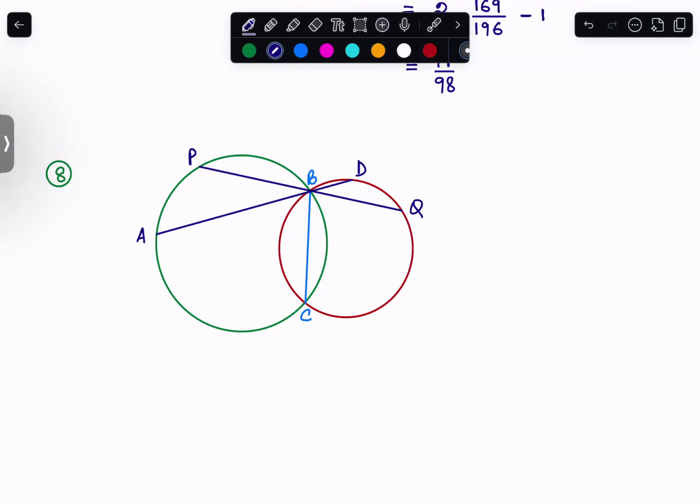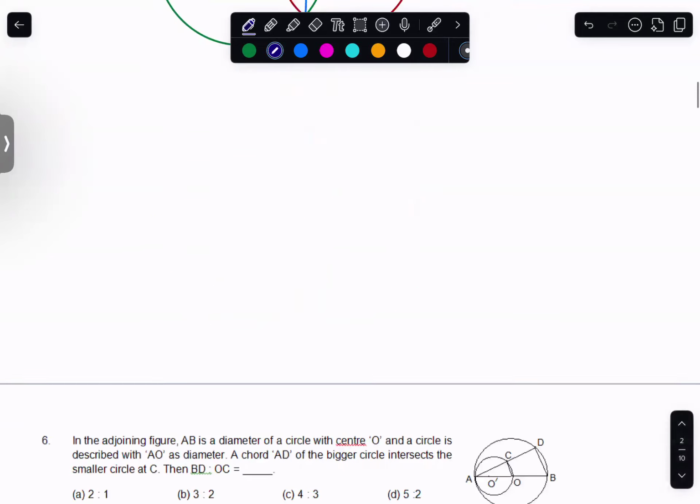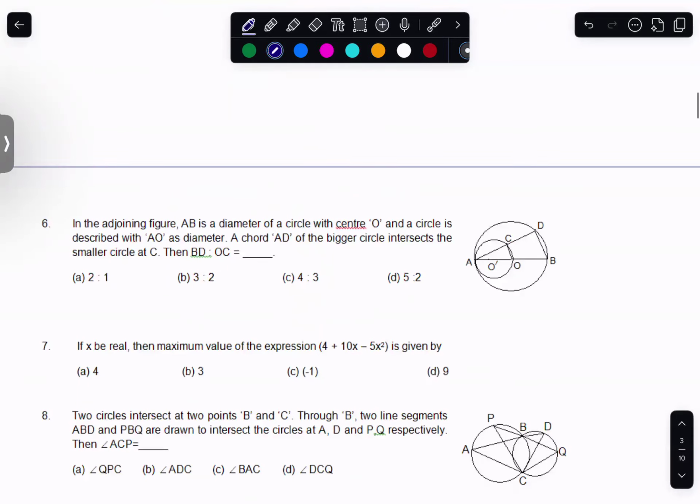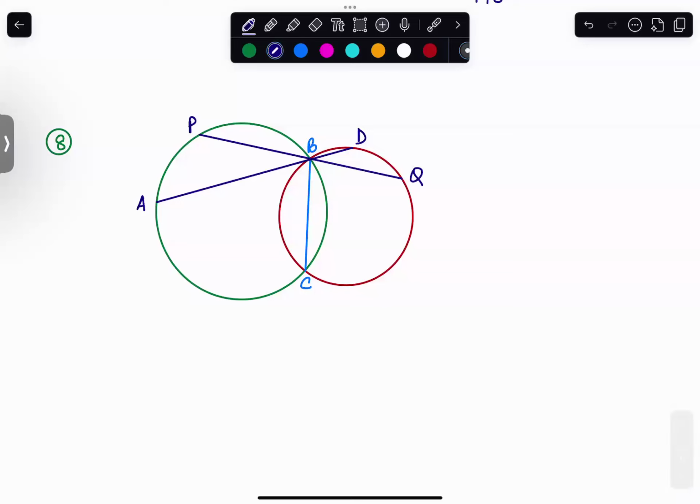We need to identify the angle ACP. Is the diagram okay?